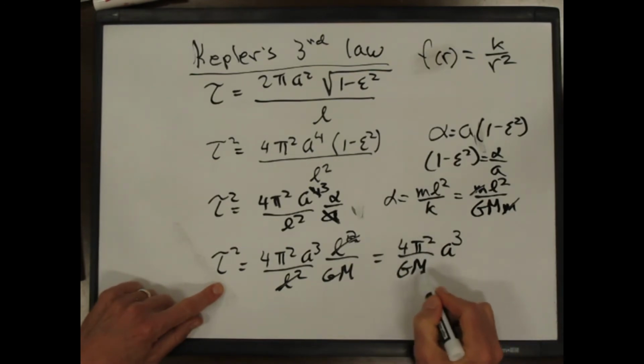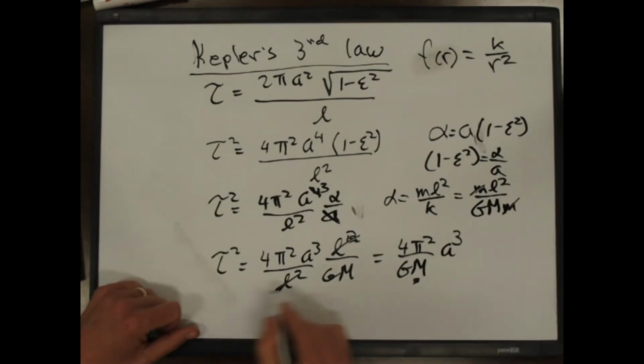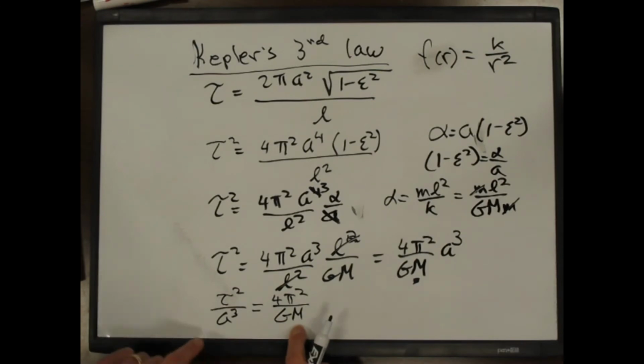None of these terms depends on anything except the mass of the object that's being orbited. And so if you write this, if you say the period squared over the semi-major axis cubed is equal to 4 pi squared over G times the mass of the object that's being orbited.